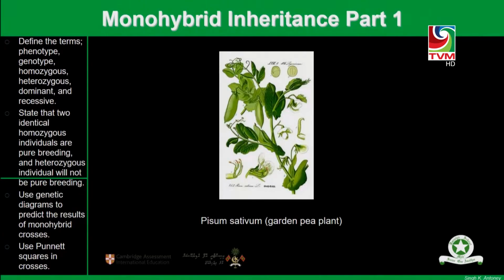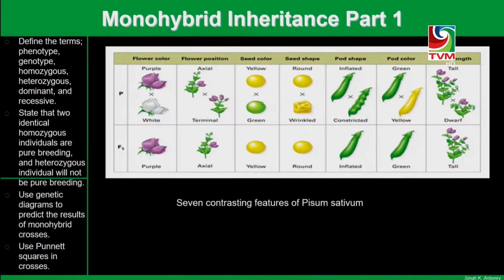He was growing these plants in his courtyard, and he was very much interested in them because they were showing 7 different contrasting features. These contrasting features are being displayed here.